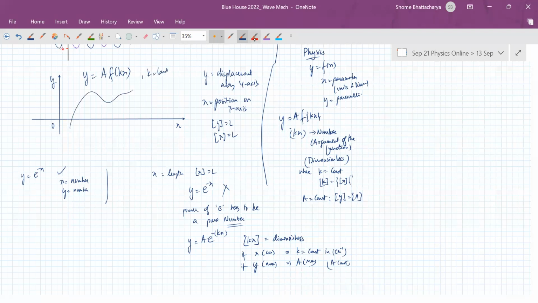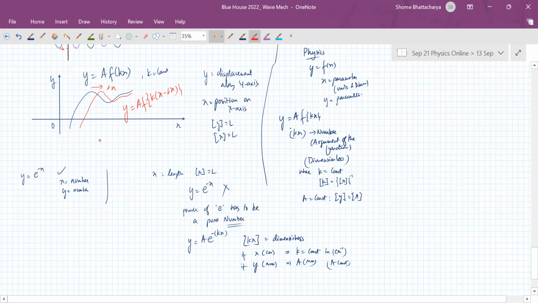So now if I want to shift that like this by a distance delta x, then I have to transform it as this.